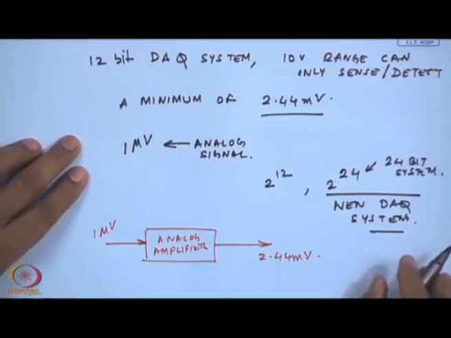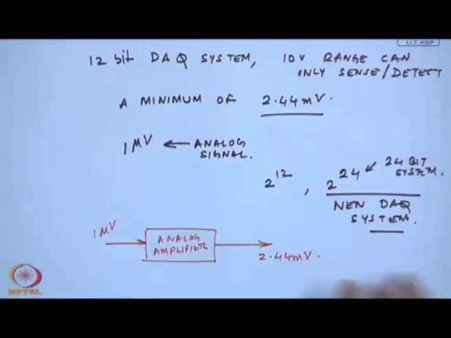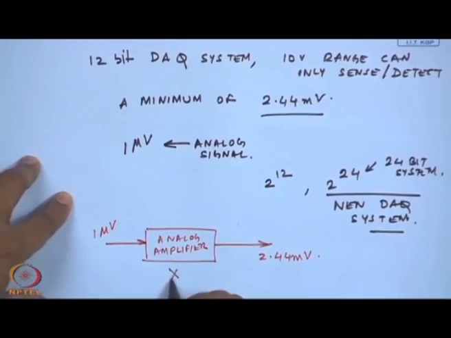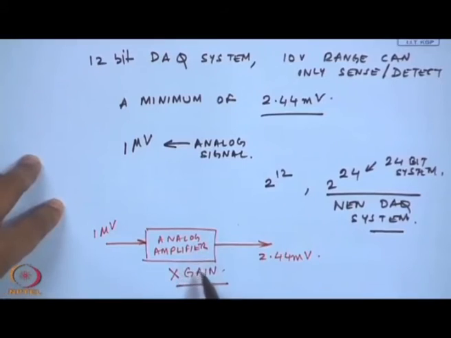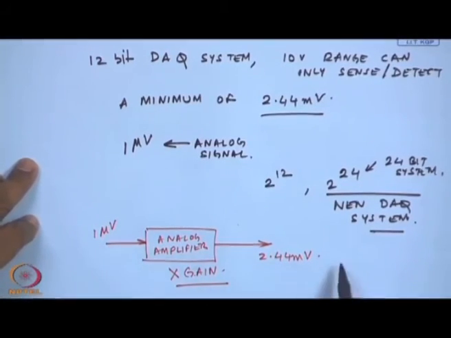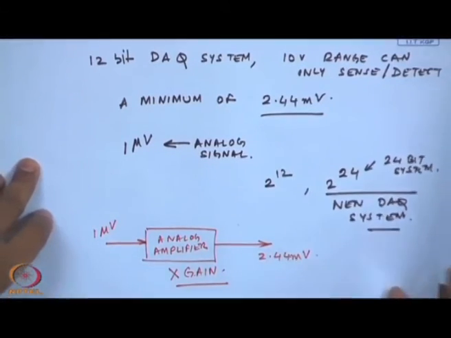Okay. So, I have to amplify it, I have to multiply with some gain. So, for this analog amplifier, the question is what is this gain, so that a 12-bit system is going to register 1 microvolt.